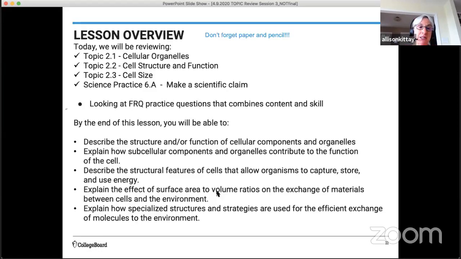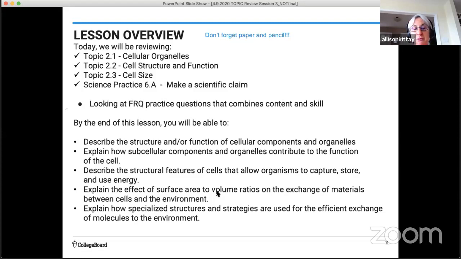The learning objectives for today's lesson, these are the LOs from the course and exam description. You should be able to describe the structure and/or function of cellular components and organelles. You should be able to explain how subcellular components and organelles contribute to the function of the cell. You should be able to describe the structural features of cells that allow organisms to capture, store, and use energy.